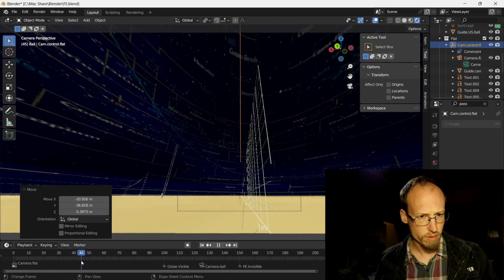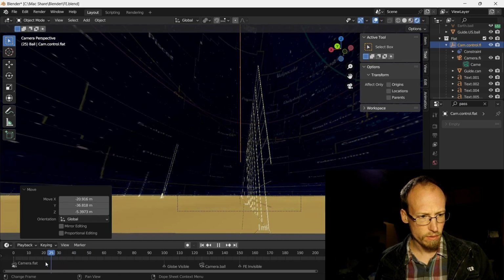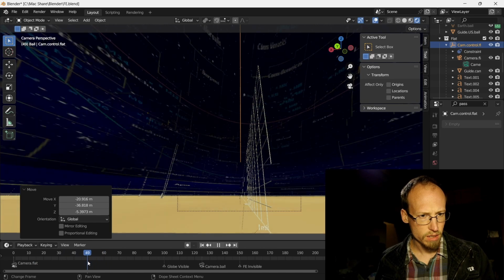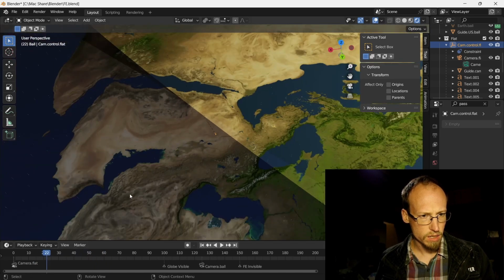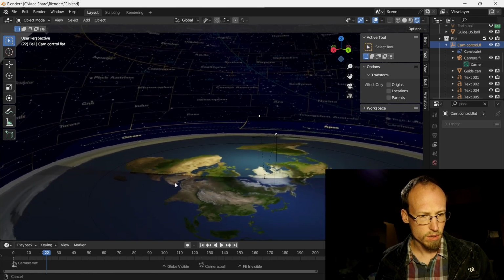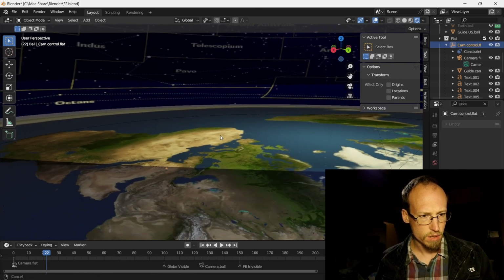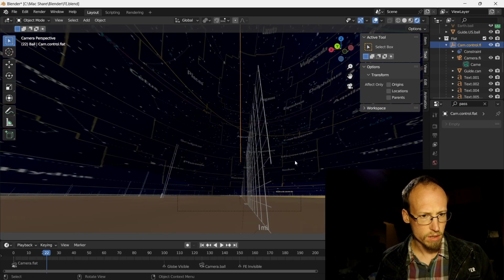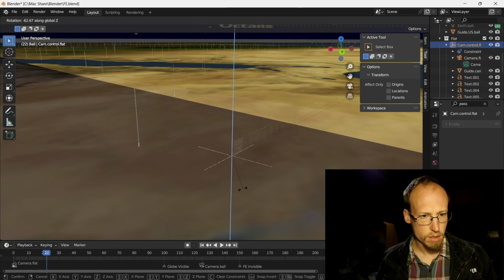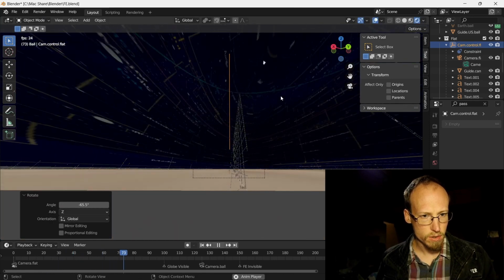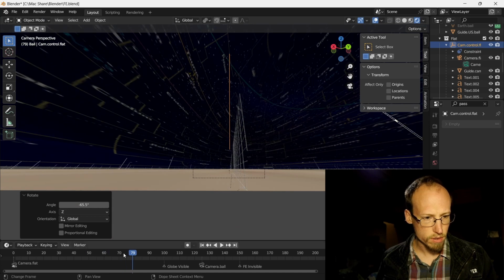Well, we don't even really see the sun. It's so high up. We're still looking south. There's the sun. There it comes.